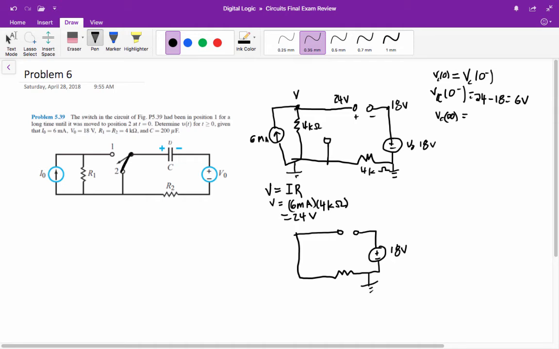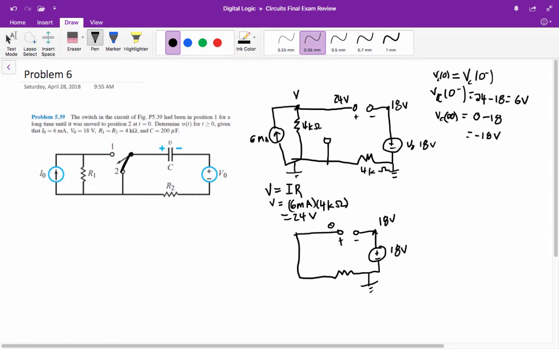This is ground, so it's an 18 volt voltage source, so this is at 18 volts. The other side is at ground, so that side has to be 0, and so Vc at infinity has to be 0 minus 18 equals negative 18 volts. I'm taking the plus side minus the minus side.